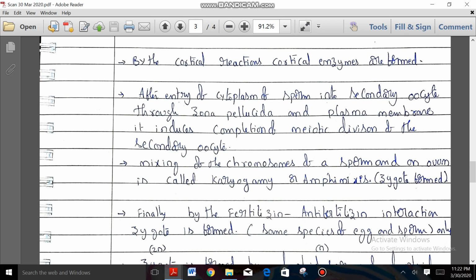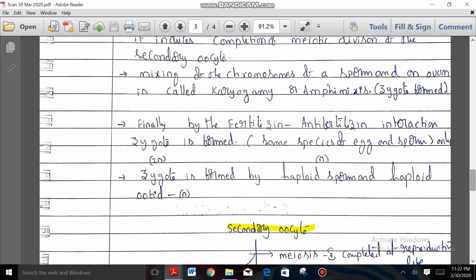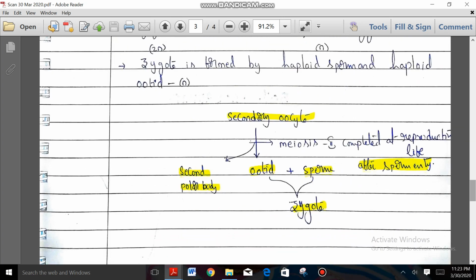So once the cytoplasm of the sperm enters into the secondary oocyte, the completion of meiotic division takes place in the secondary oocyte, and what is formed? One second polar body, and finally ootid formation takes place. That is the actual ovum.